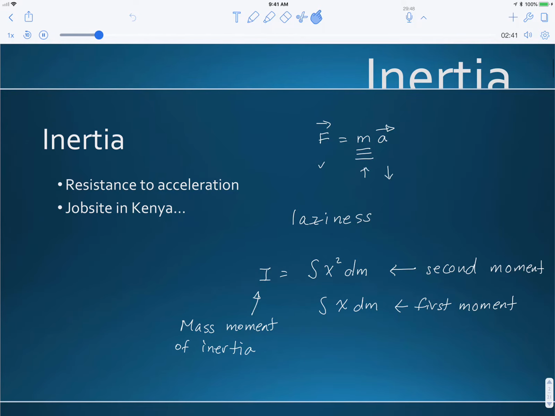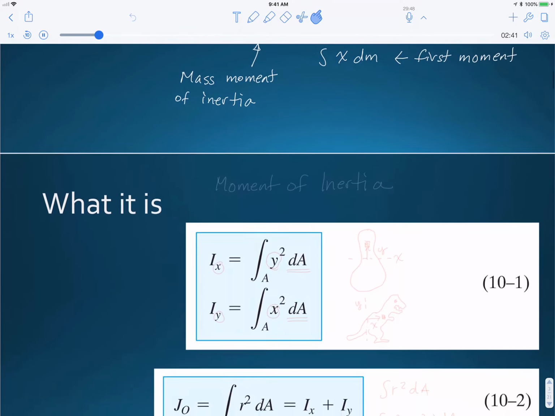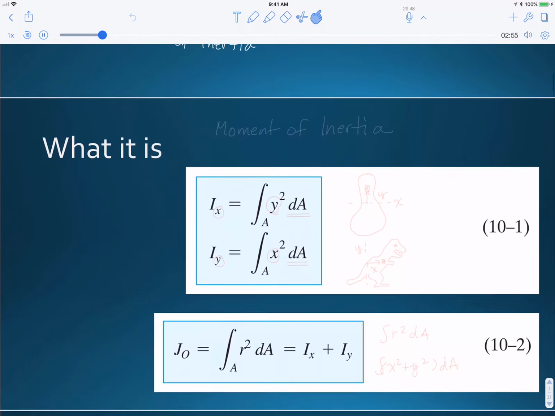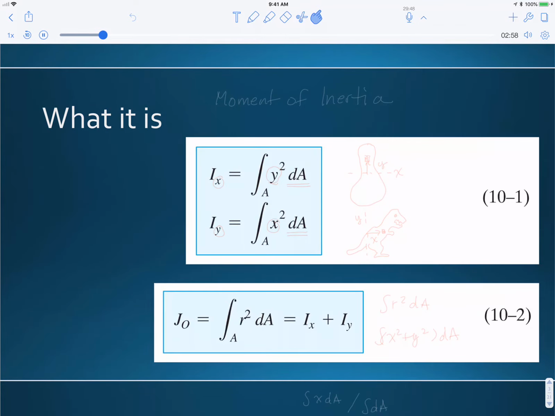But for now, what we want to talk about is area moment of inertia. I'm being a bit too loquacious, so let's just go to what the definition is. So this is the definition of moment of inertia. And really we should say area moment of inertia, because in these integrals, instead of dm, we're using dA.